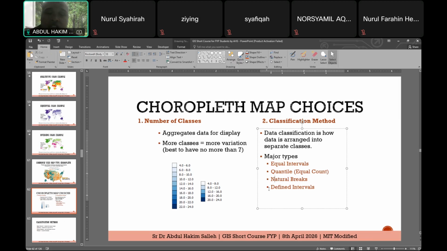Next is the defined intervals, which is defined by you, of course. Out of 100, the starting will be 0 to 10, and then 11 to 30, and 31 to 80, for example. You define the intervals on your own.